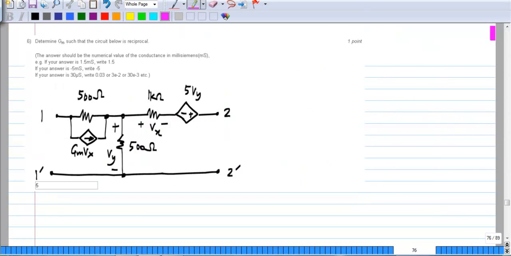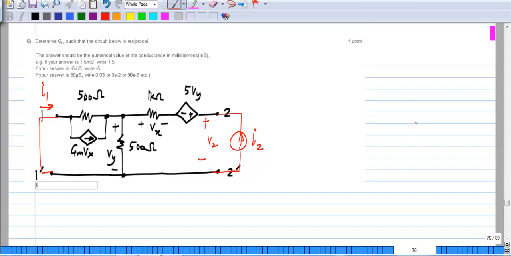Now we can evaluate the other two parameters by connecting a current source I2, short circuiting the first port, and finding V2 and I1.